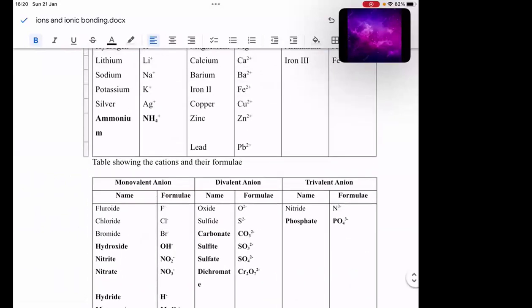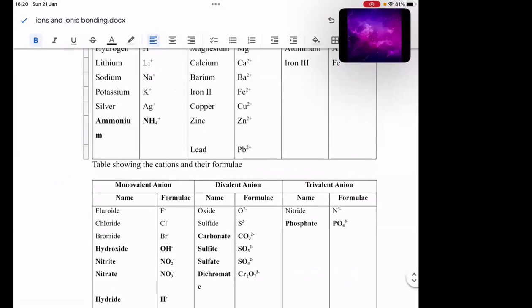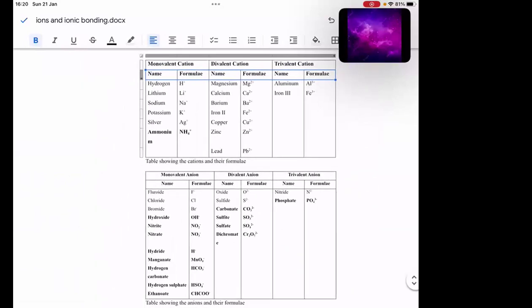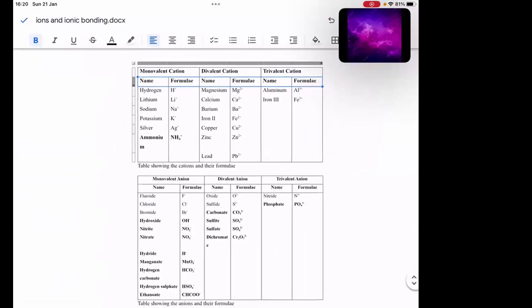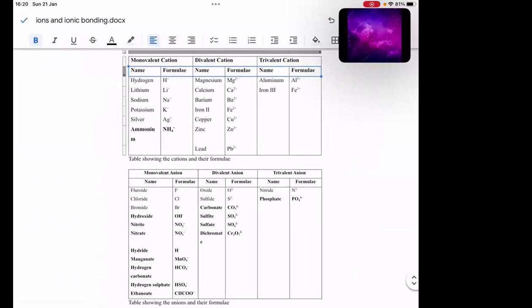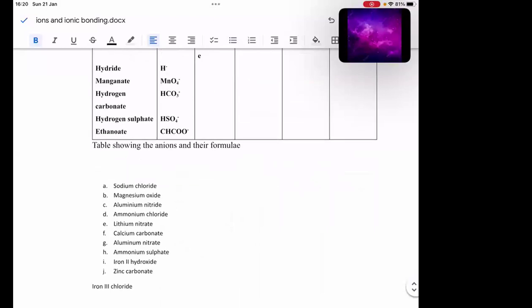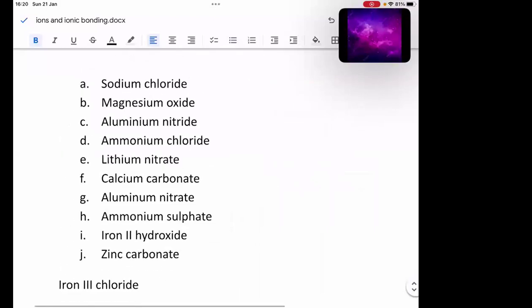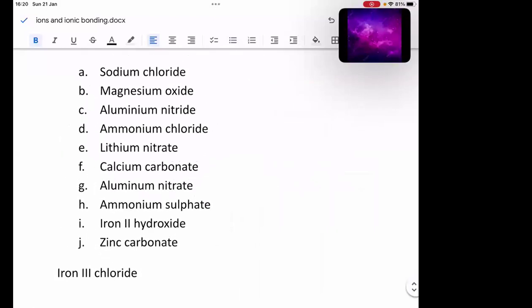So this is the chart we have here. You can grab a screenshot. And then I'm going to ask you to quickly write the formula for these 11 compounds.